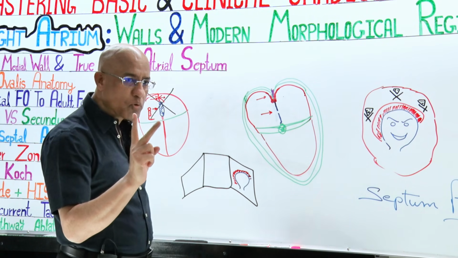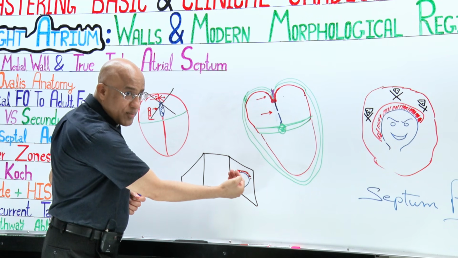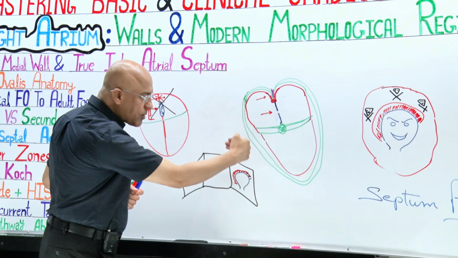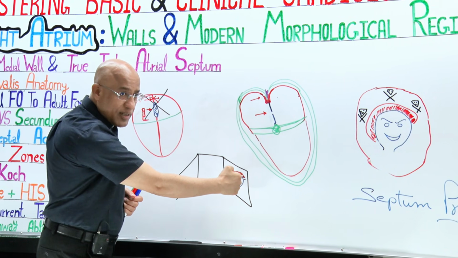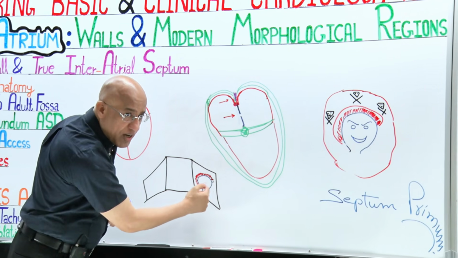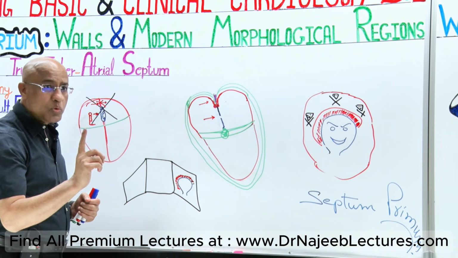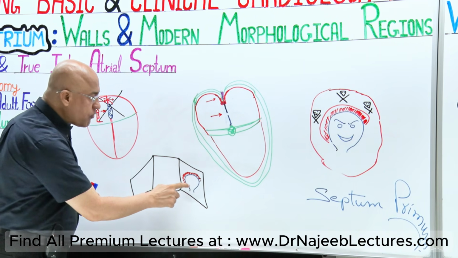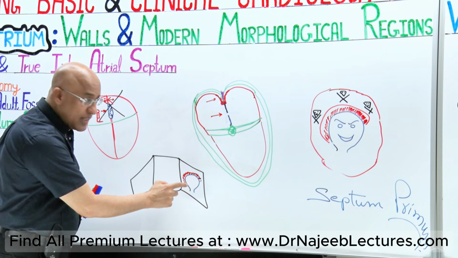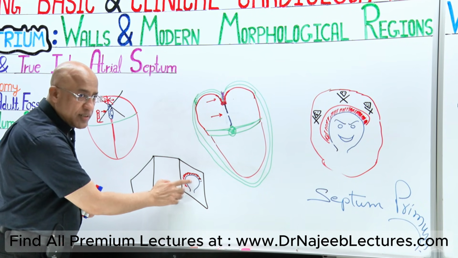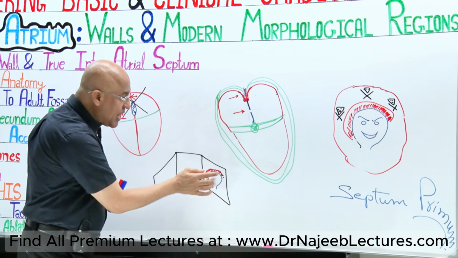So we have made two concepts clear. Number one, the whole medial wall is apparently a big medial wall. All of it is not truly inter-atrial septum. True interatrial septum is the floor of the fossa ovalis, and this floor is a little depressed, though classically speaking it is not depressed.